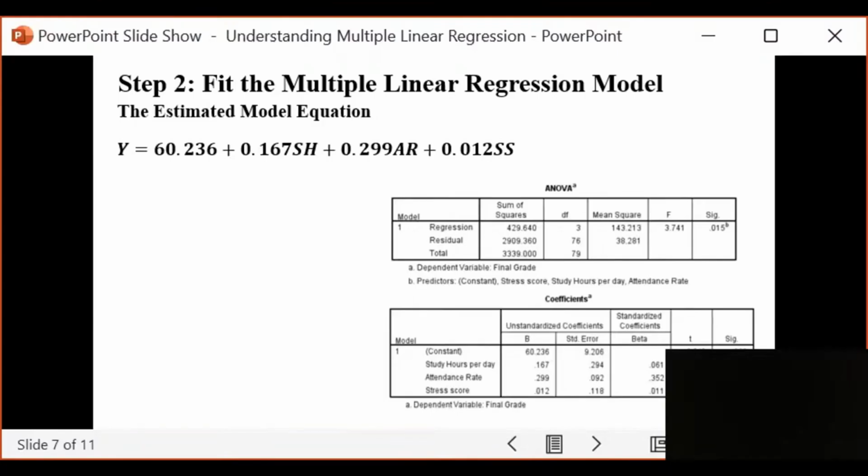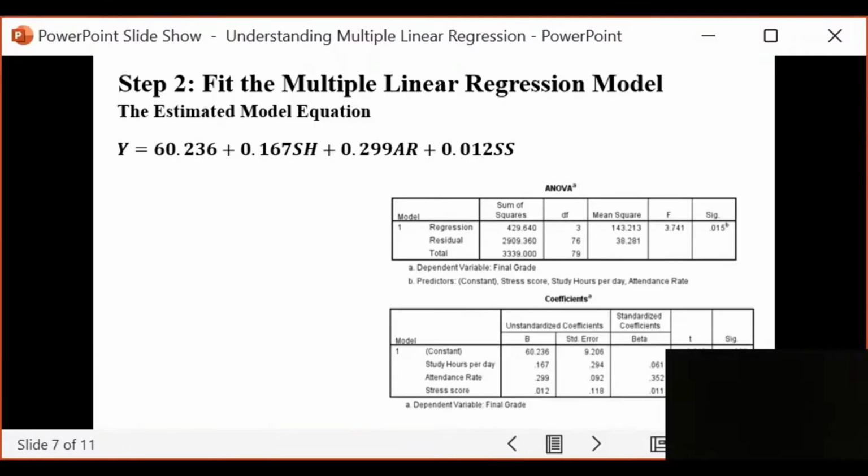So we have here the final model with respect to the relationship between the y variable or final grade and the three independent variables. So the final model reads y is equal to 60.236 plus 0.167 SH.